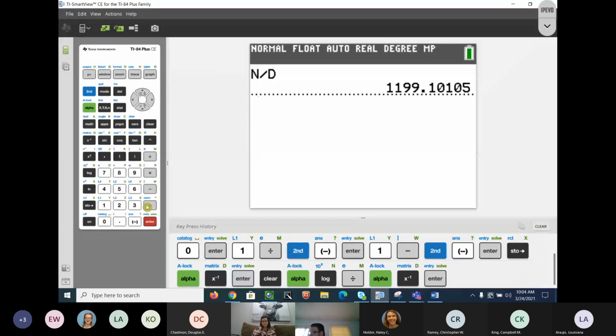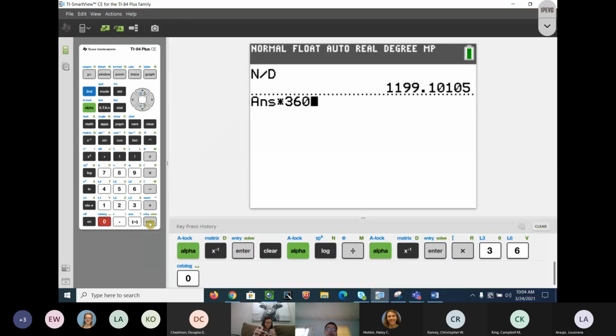For 360 months. So let's multiply that by 360. So for a $200,000 house, at the end of 30 years, we're paying $431,676.